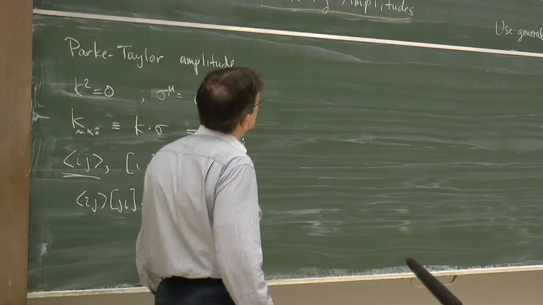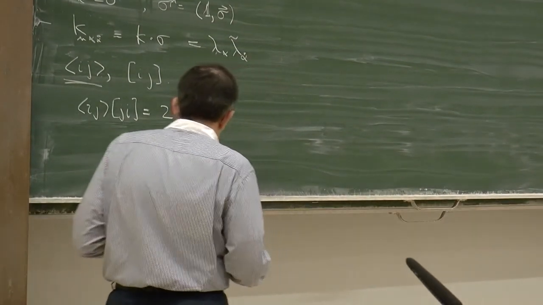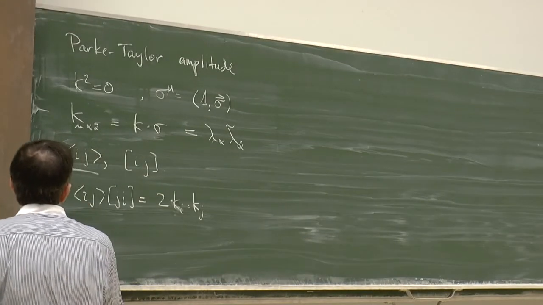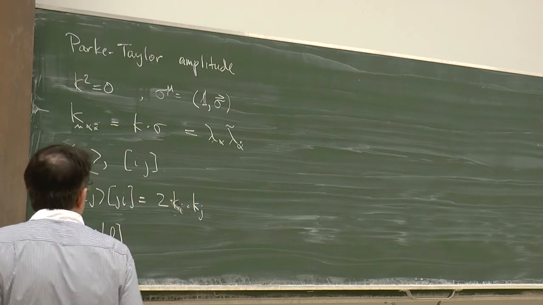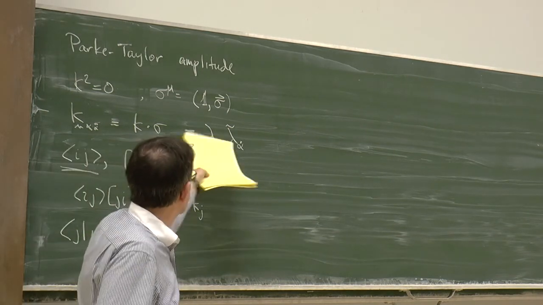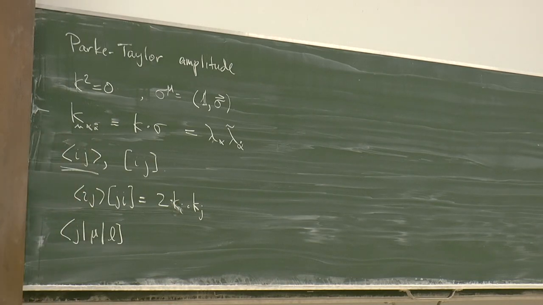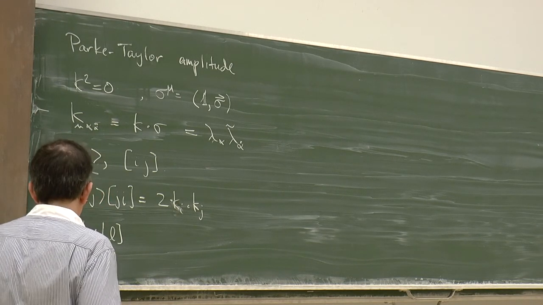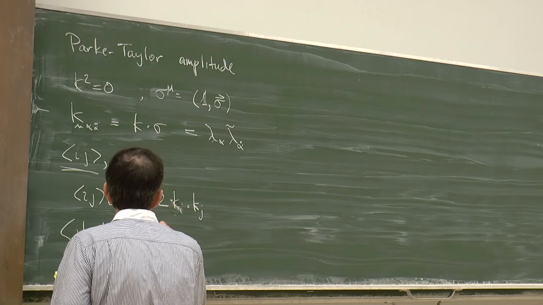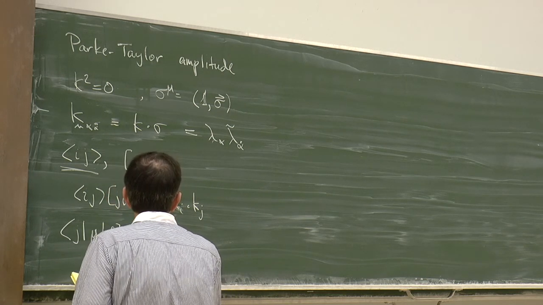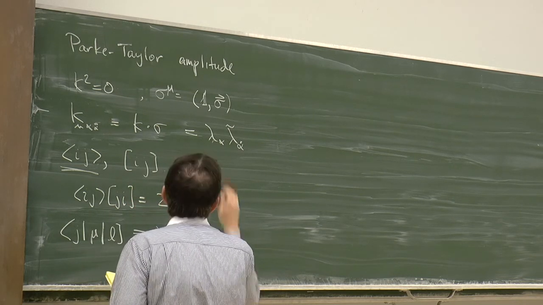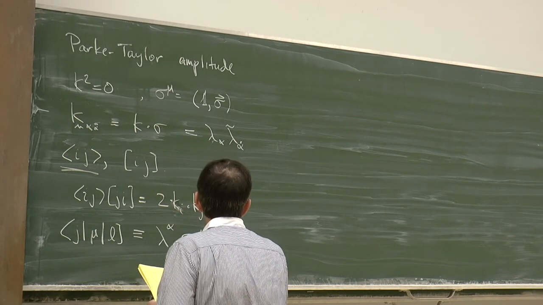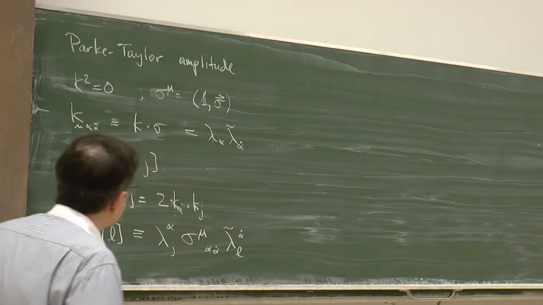There's one more bit of notation that I will be using, which is the following, basically building a vector out of a product of two different spinors, a lambda spinor and a tilde spinor. I'll often use this notation, and this just means dotting the two vectors with a sigma matrix, so one of the four-vector sigma matrices and appropriate indices.